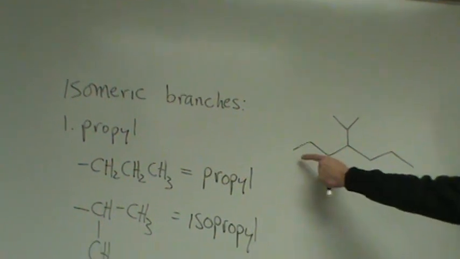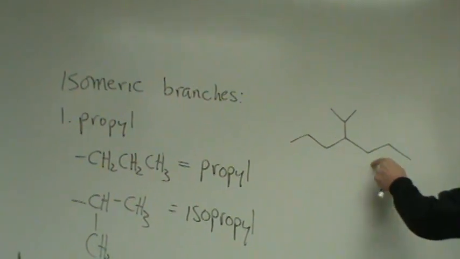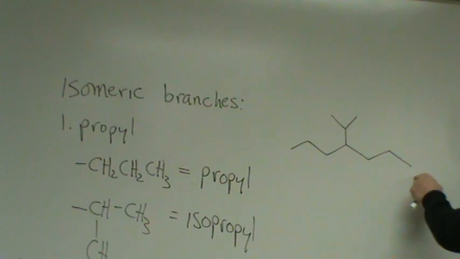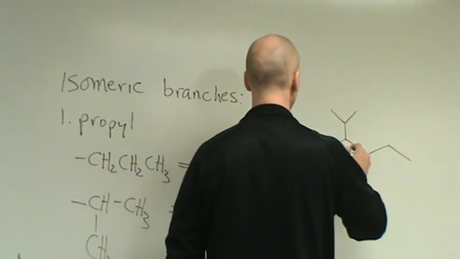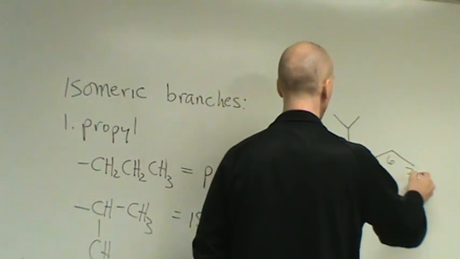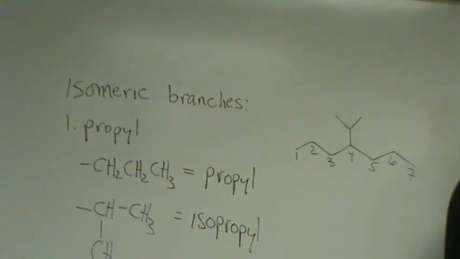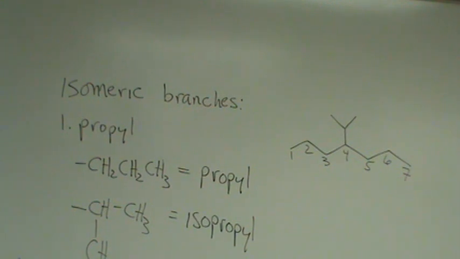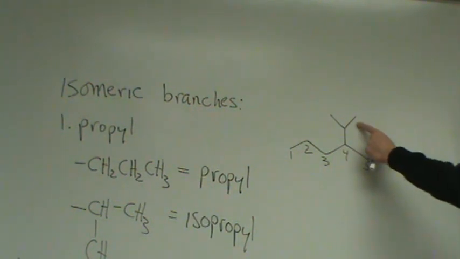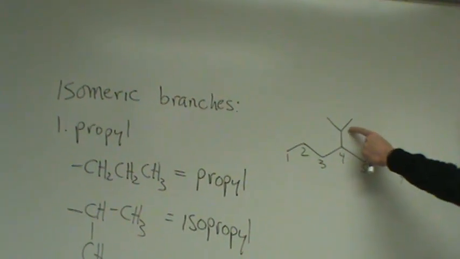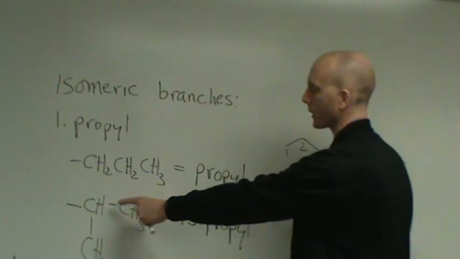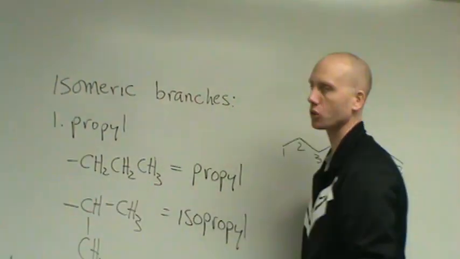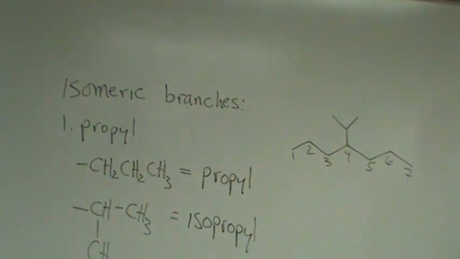The longest is straight across, 1, 2, 3, 4, 5, 6, 7. What kind of branch is this one here? What's on this 4 carbon? What is that? That's an isopropyl. See that? So it's 3 carbons, but the attachment is on the middle carbon. You see how that works?